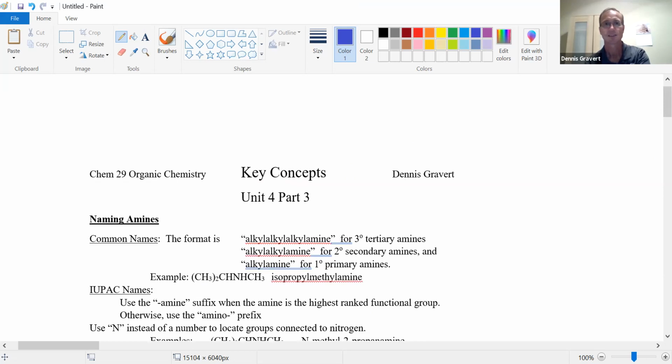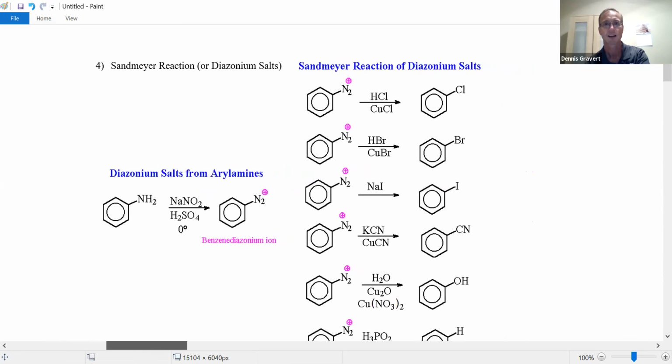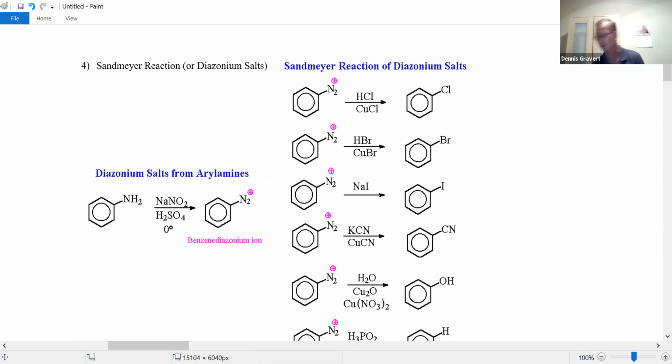Okay, let's close this and take a look at our last new set of reactions. It's one type, it's called the Sandmeyer reaction. It goes to an intermediate where there's going to be two nitrogens with a positive charge. That's called the diazonium ion. Because it's a cation, you'll have a counterion.